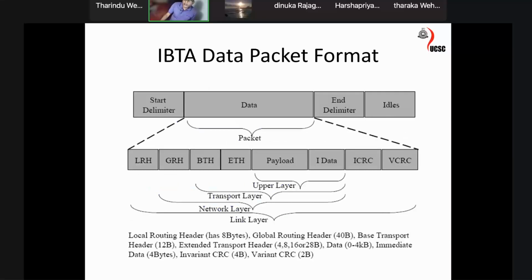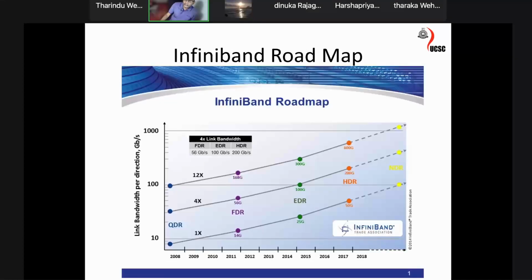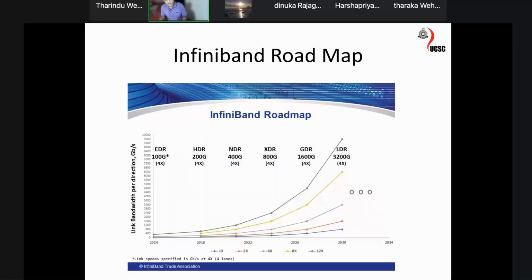This is the packet structure of IBTA for InfiniBand. And this is the roadmap, as we see on the Ethernet roadmap. They have similar bandwidth, and you can check the latest one on the web. These are somewhat earlier; they are even targeting 1.6 gig and 3.2 gig, similar to Ethernet.